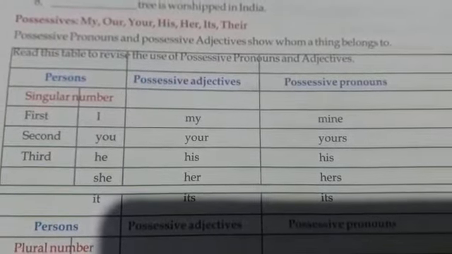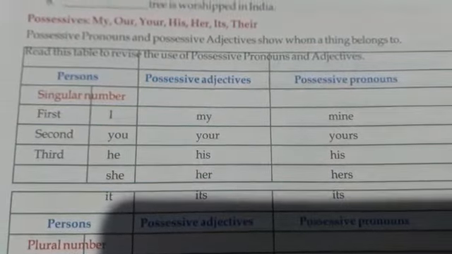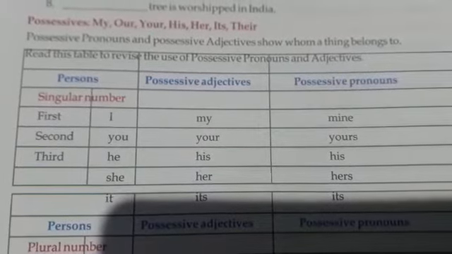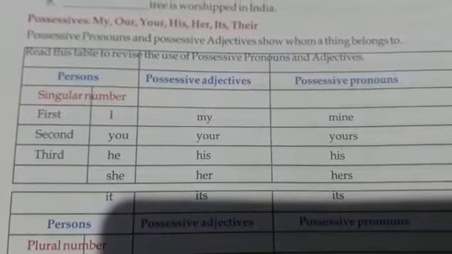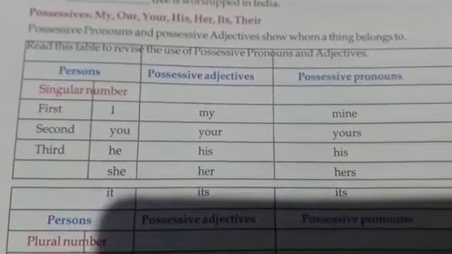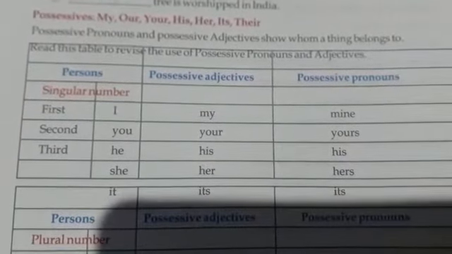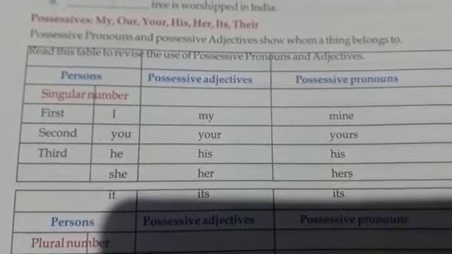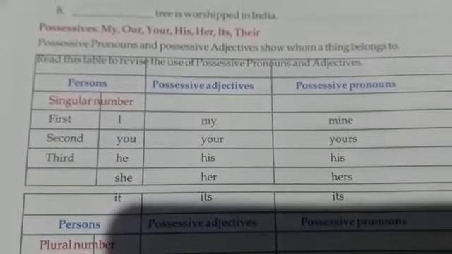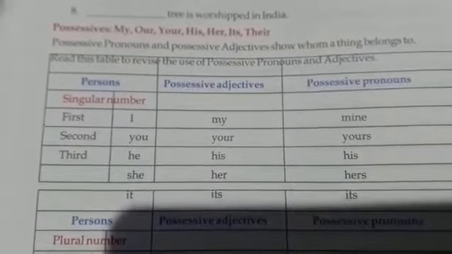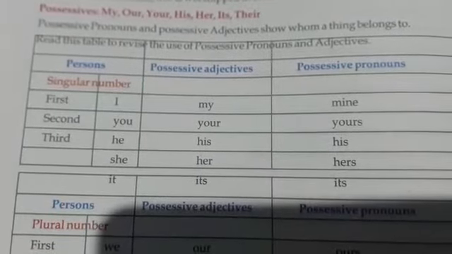As I have already taught you, the word which we can use with a noun is always an adjective, and a word which is used in place of a noun is always a pronoun. So here we have persons, singular number, first person I. For that, the possessive adjective is my, whereas the possessive pronoun is mine.